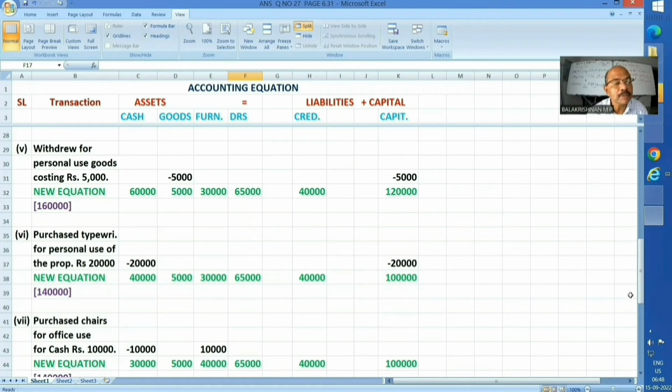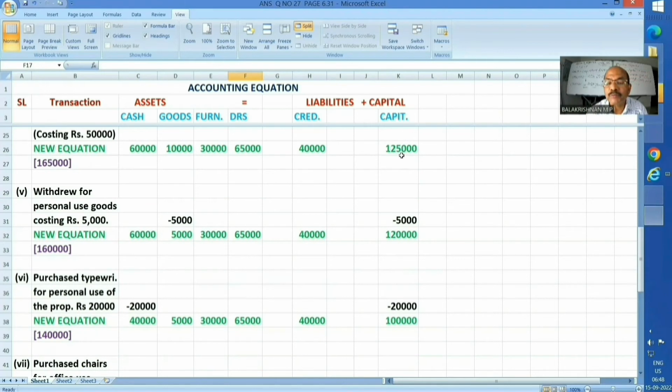And drawings reduce the capital. So minus 5,000. Previously it was 1,25,000 minus 5,000, it has become 1,20,000. And of course, the goods value also has come down by 5,000. And the total of the assets is 1,60,000. That is liabilities plus capital. And the equation has been taken care of. Okay.